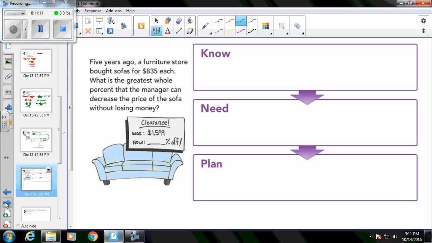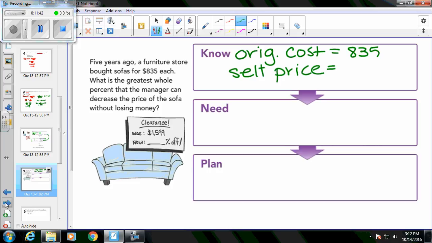Five years ago, a furniture store bought sofas for $835 each. What is the greatest whole percent that the manager can decrease the price of the sofa without losing money? Okay, so we know the original cost. They paid $835. We also know the selling price is $1,599. What do we need?